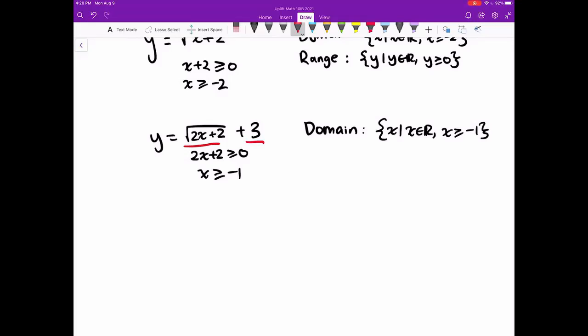For the first component, the smallest number it could be is 0. And for the second, it's always 3. So the smallest overall would also be 3, because 0 plus 3 is 3. But just like what David said, y is an element of the reals and y is greater than or equal to 3.